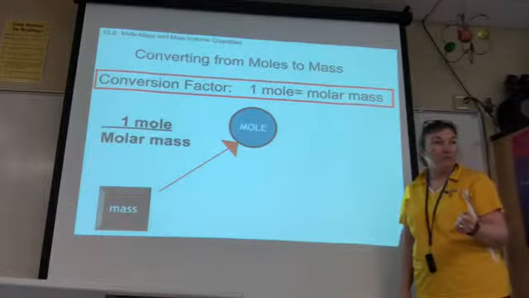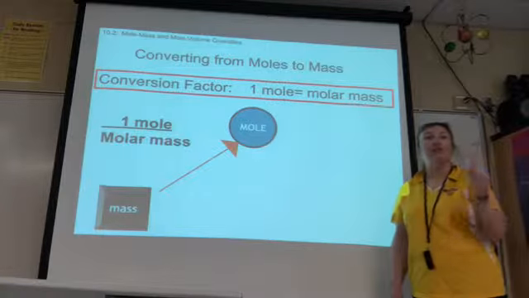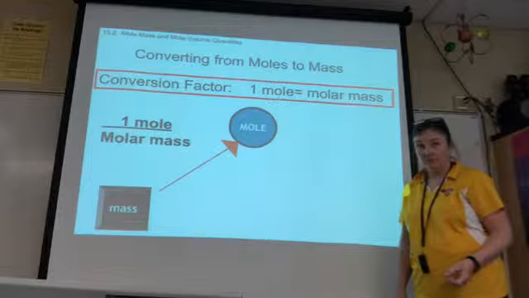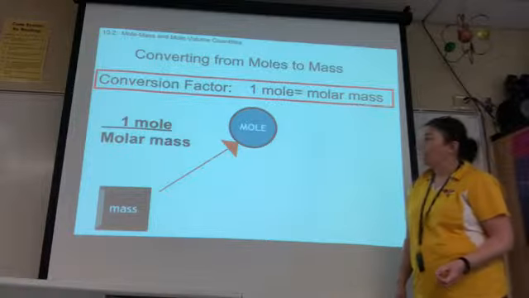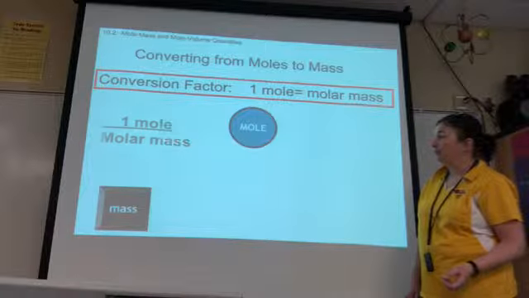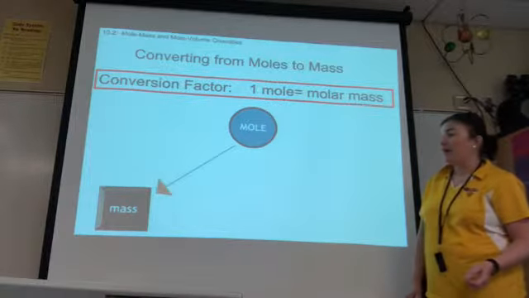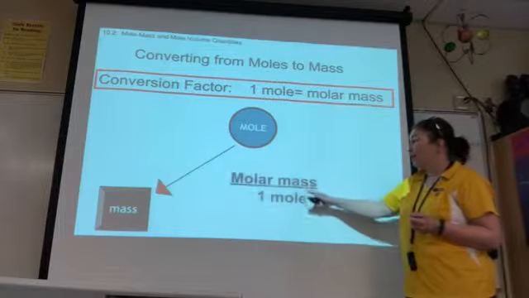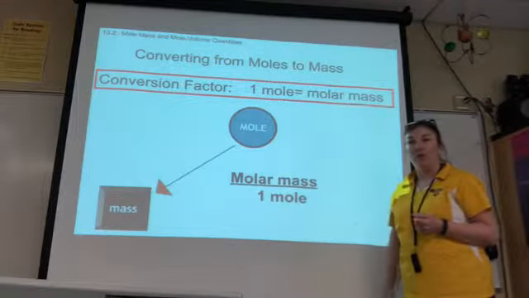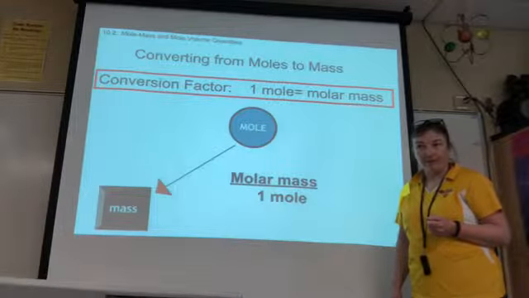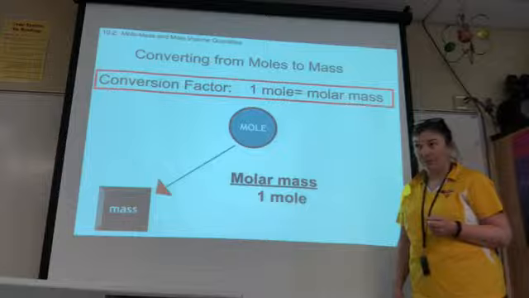So wherever you're heading to goes on top. Now if I go the other way, moles down to mass, what goes on top? Molar mass. The molar mass goes on top over 1 mole. Does that make sense?